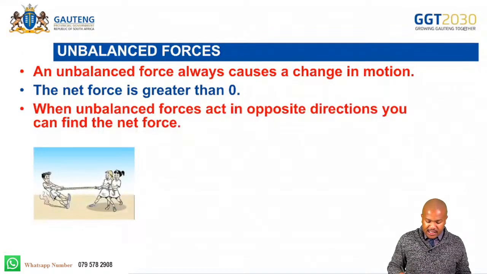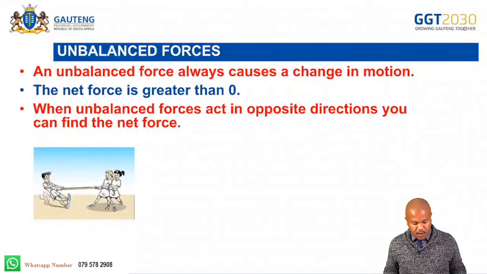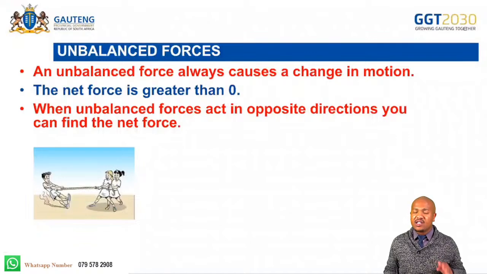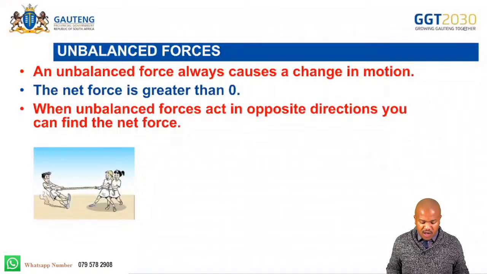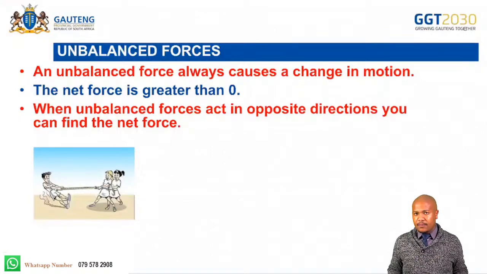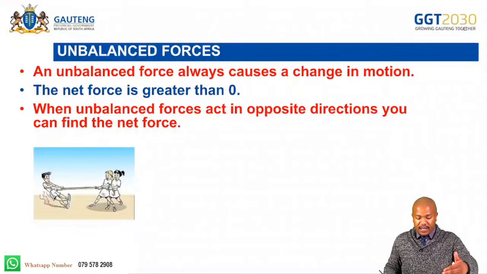Here is another example, tug of war again. We have this guy here playing tug of war against two women. The women are applying more force than this guy, so hence they are able to pull him towards their side, because their force is greater than the one he is applying.